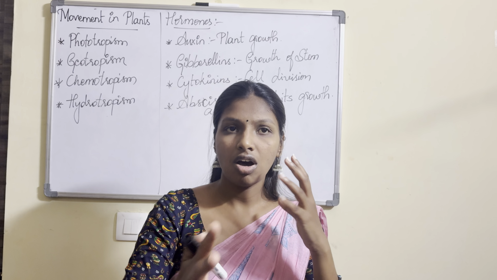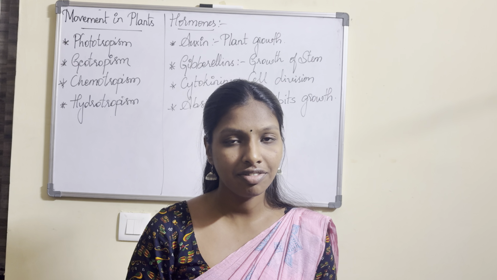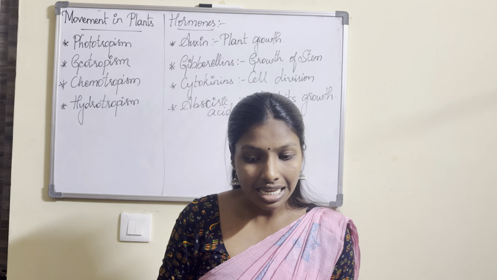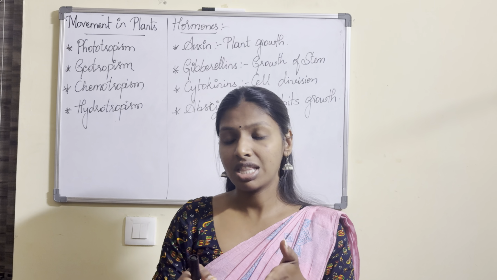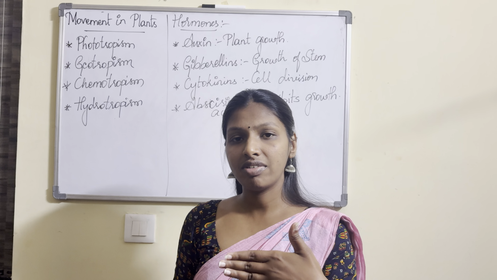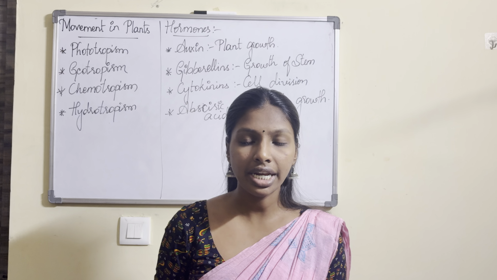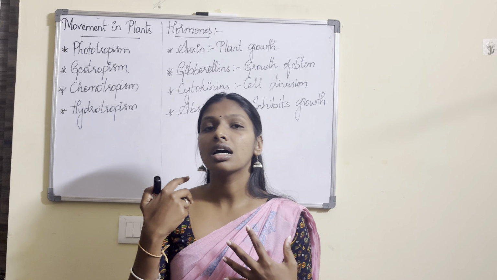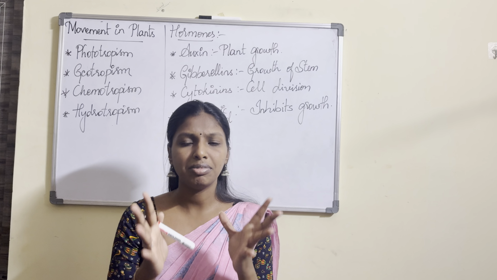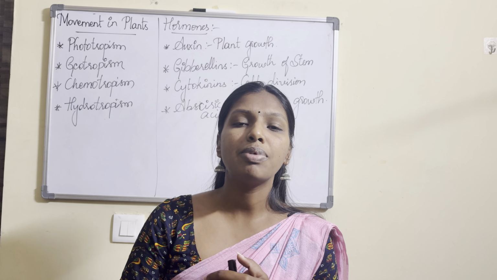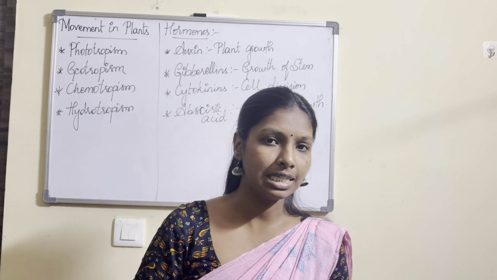So now all these occur in an animal or a human being. There is an organ which controls and coordinates everything, but is it the same with plants? Do they have a brain, a respiratory organ, a digestive system? No, right? So how is this control maintained by the plant? It is by electrochemical signals.